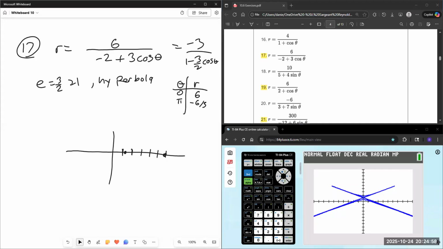Excuse me. And my center is halfway in between. So 6 plus 1.2 divided by 2 is 7.2 divided by 2 is 3.6. So 3.6, my center is right there somewhere.